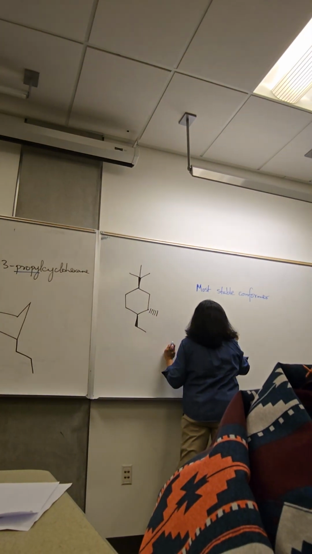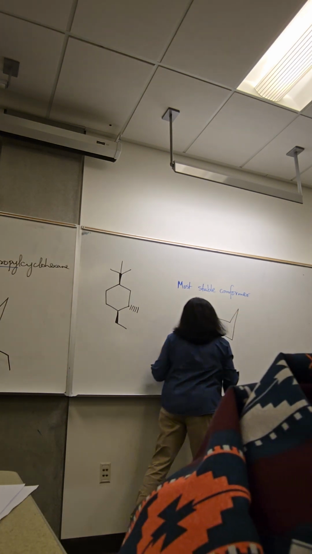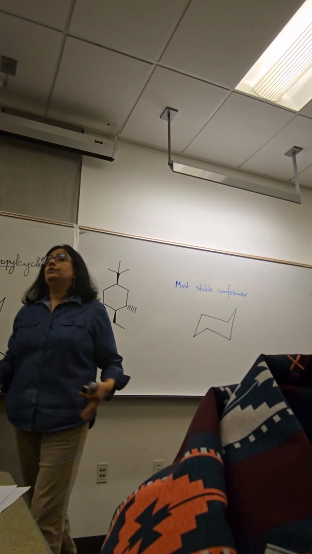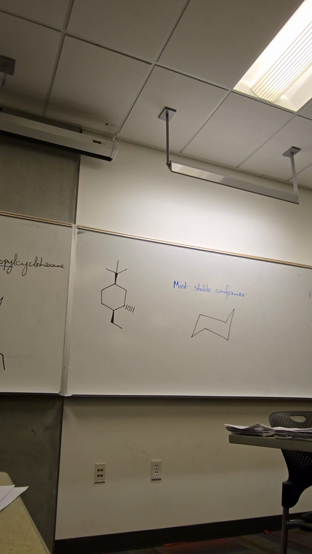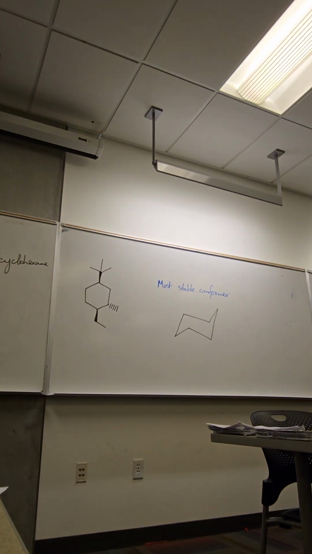So, my suggestion, whenever you have a question like this, start with the biggest group. Which of the 3 groups, in your opinion, in this case, is the biggest? The T-butyl, absolutely.